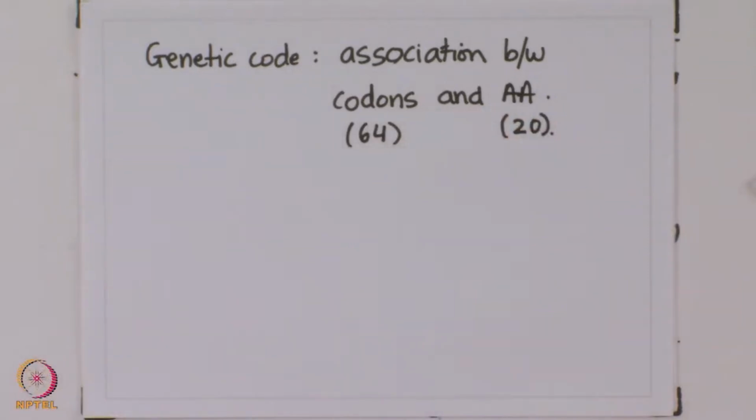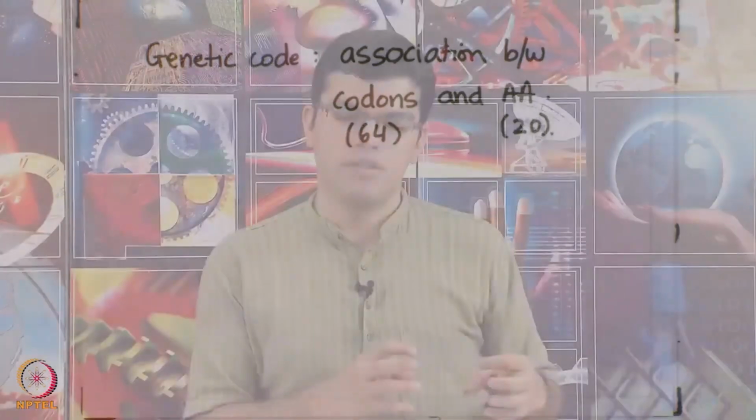For a long time this remained a puzzle. How is this correspondence between 64 codons and 20 amino acids made in a living cell?